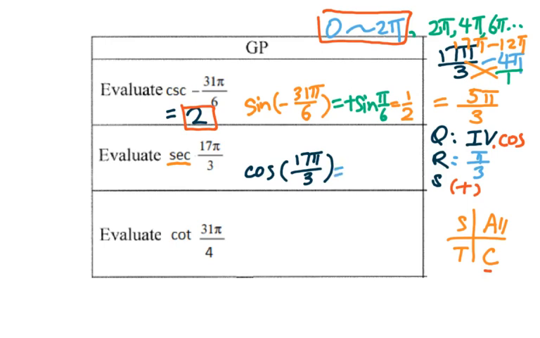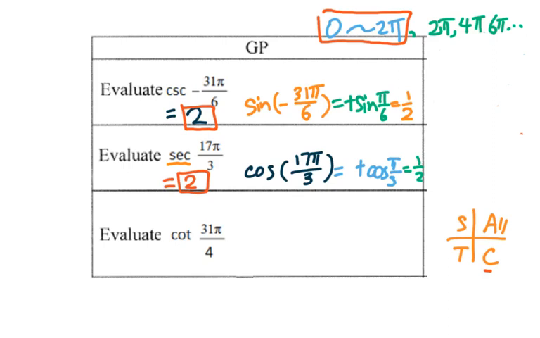Therefore, you get positive cosine pi over 3. That's cosine 60, so it means 1 over 2. Therefore, I flip and I get 2. That's the answer. Now let's go to the last example.